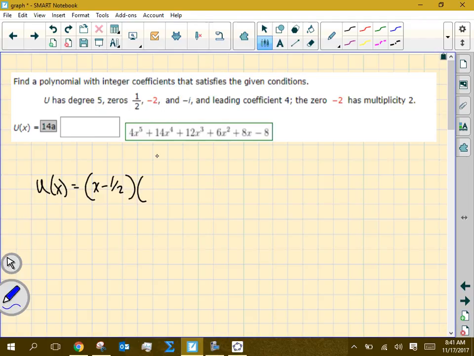Negative 2, so it becomes x minus negative 2, which is x plus 2, is a factor. We've got x minus a negative i, so it becomes x plus i, right? And then you've got x minus that conjugate, which would just be i. So x minus i.